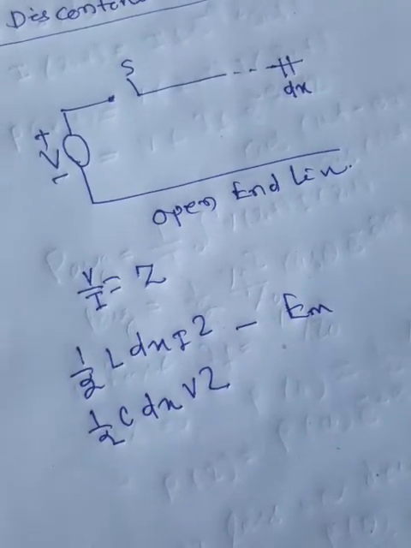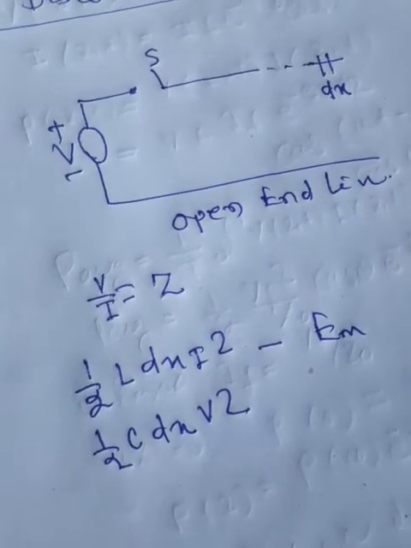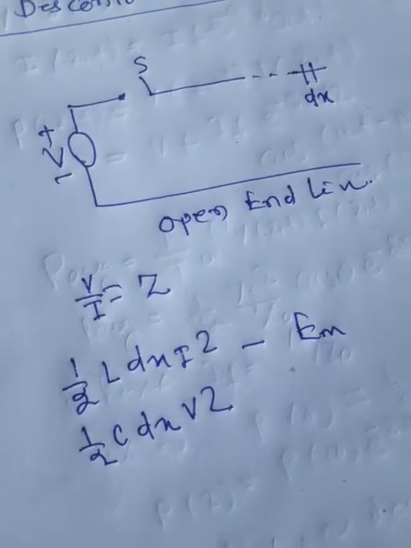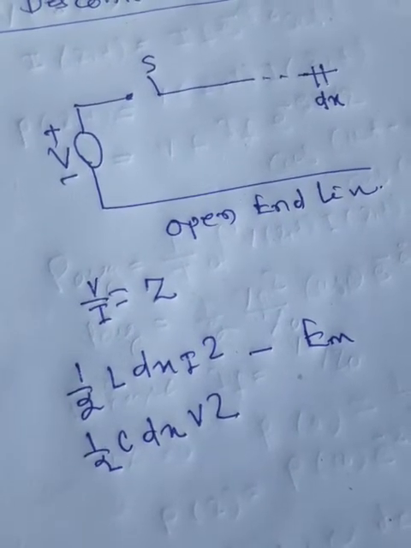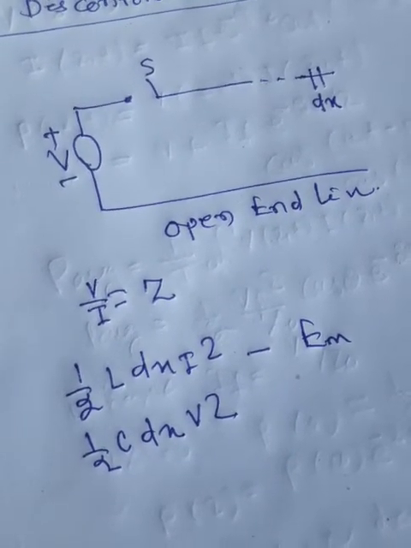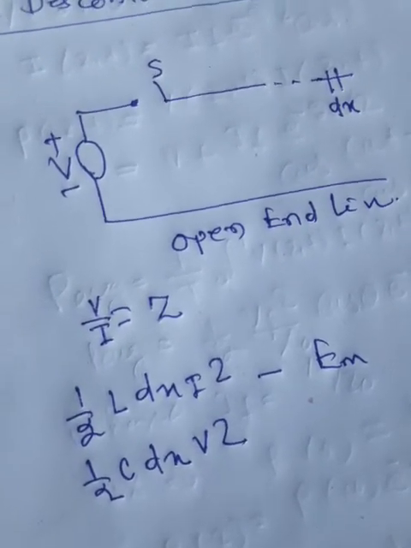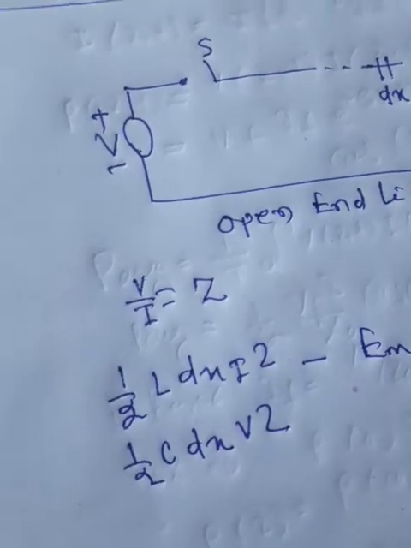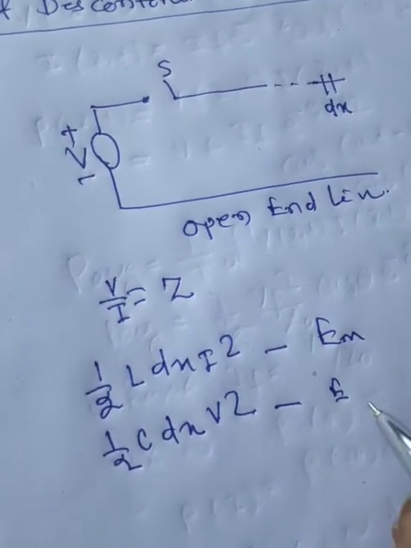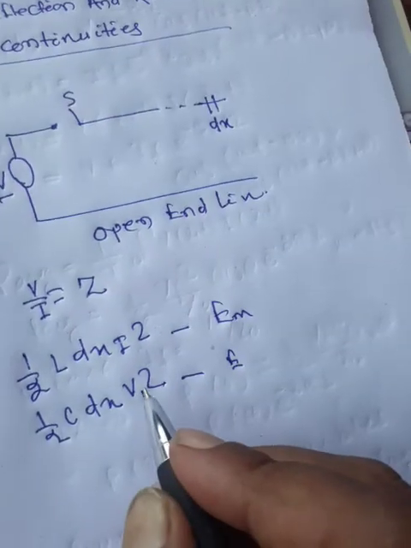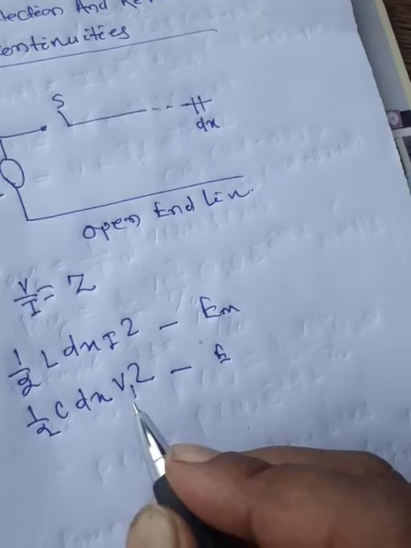As the inductance will be L dx and the capacitance will be c dx, as the parameters in a transmission line are distributed throughout the line. So the inductance for the length dx will be L dx and the capacitance will be similarly c dx. Half c dx v square is the electrostatic energy. That will be v1 square, where v1 is the voltage at the open end.